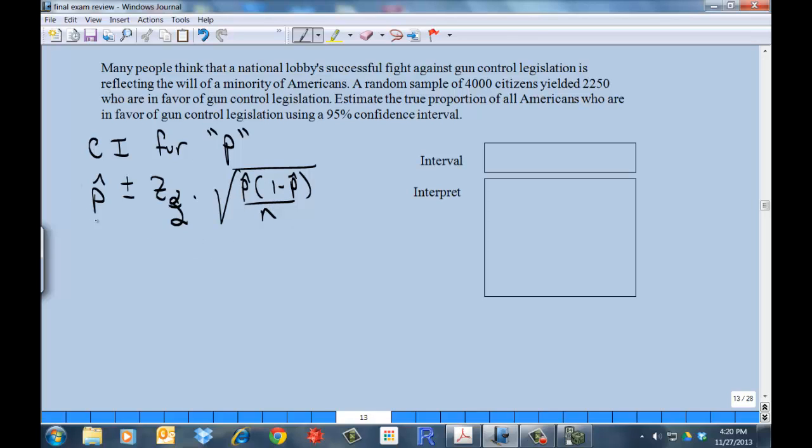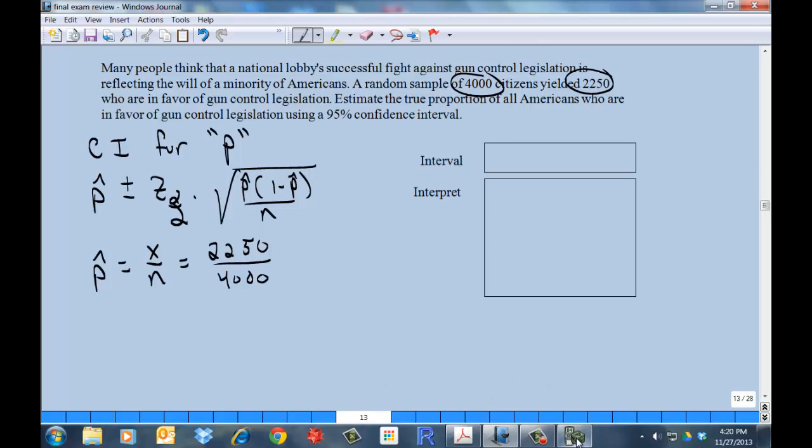You can use the formula here, but I'm going to use the calculator for this confidence interval. So for p hat, we really just need to know x over n. So x is 2250, and n, the sample size, is 4,000. Those are the only two numbers that you need to know for the calculator. It's a really nice procedure that they have in the TI calculator.